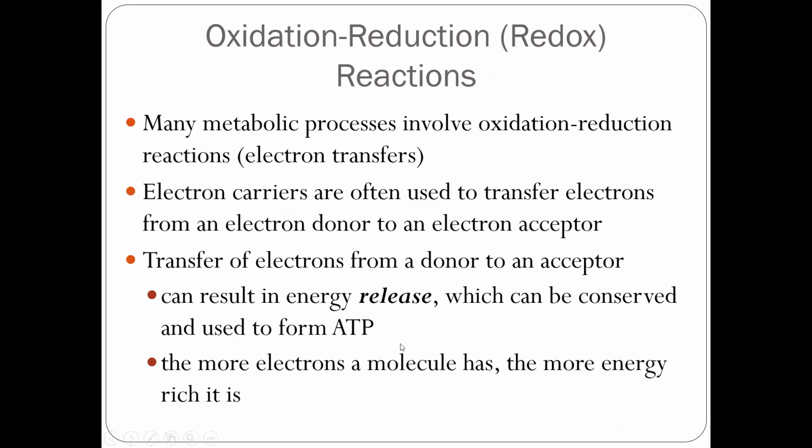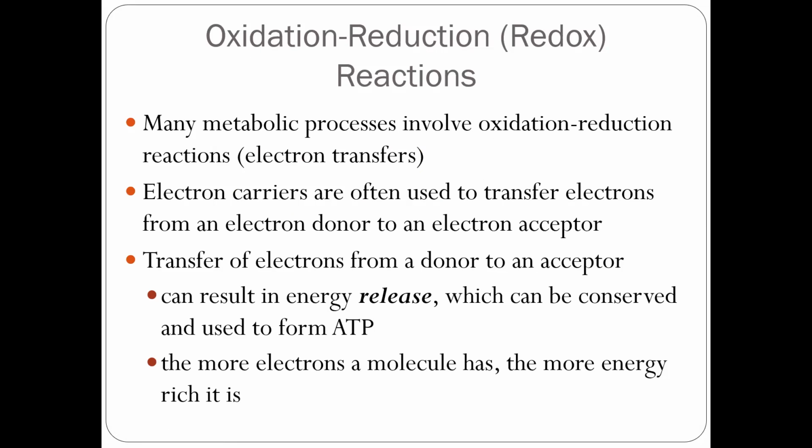Now here, what we're going to talk about is oxidation reduction reaction. I want you to know, most of the metabolic process is oxidation reduction reaction, which means it's related to electron transfer. So electrons are always transferred from donor to acceptor.